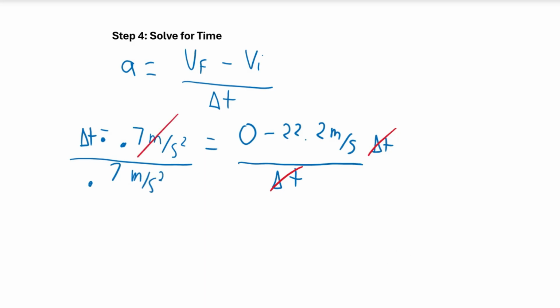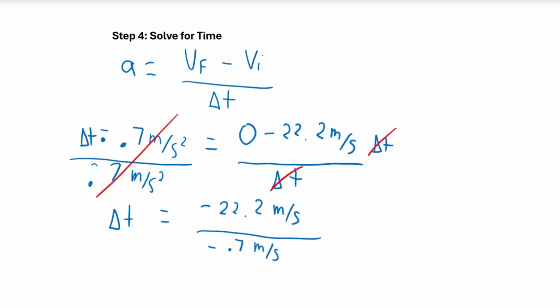Once again, that cancels out. And so what we have here is delta t is equal to negative 22.2 meters per second divided by negative, oh, I forgot the negative there, negative 0.7 meters per second squared.